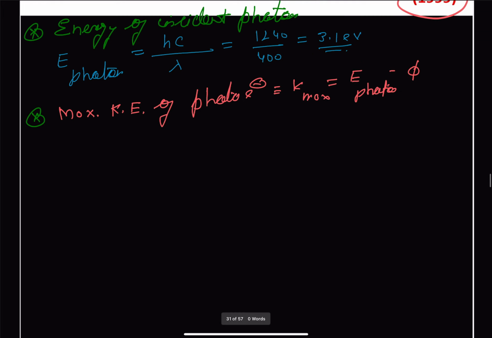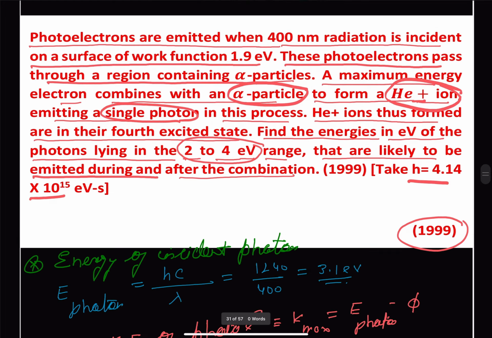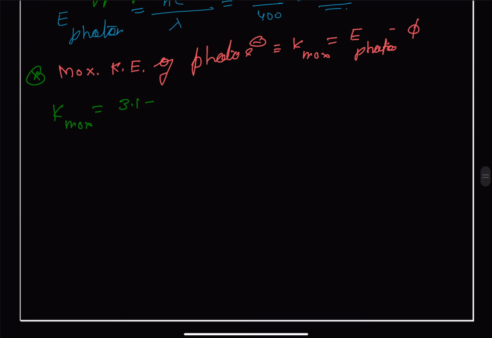So K max will be equal to 3.1 minus 1.9. This gives us that the maximum kinetic energy of the photoelectron is 1.2 electron volt.